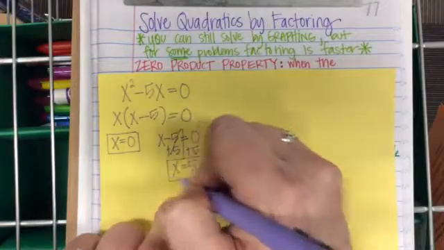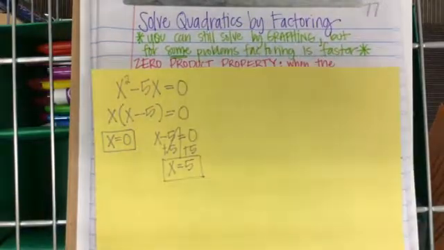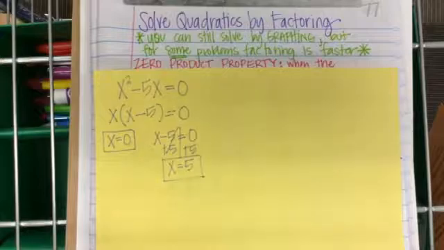How many solutions are there to this quadratic? 2 solutions. What are the solutions? 0 and 5. Would this parabola open up or down? Up, because A is positive.